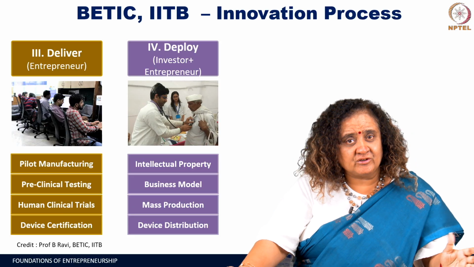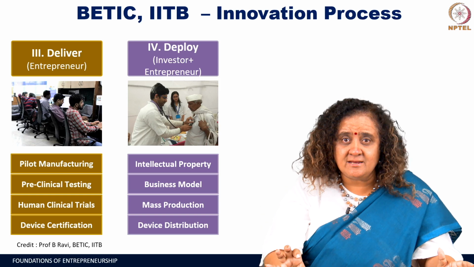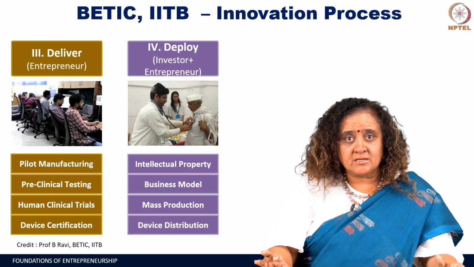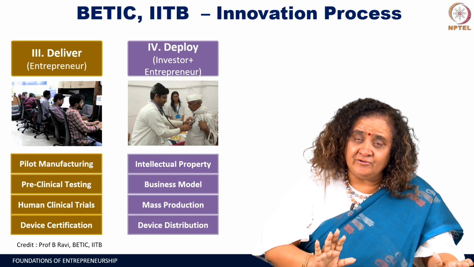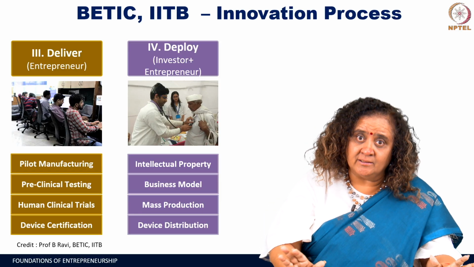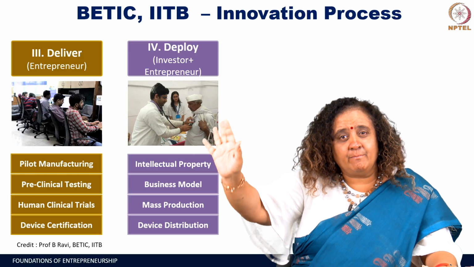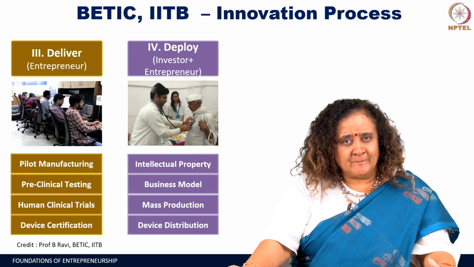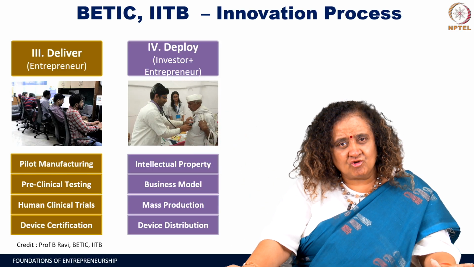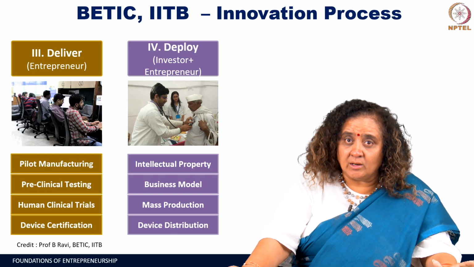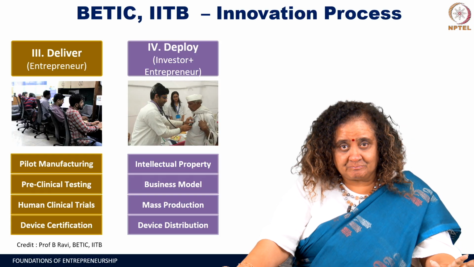So, that is the innovation process. You define the need, you develop the solution or the product, you then deliver it to the market that you had set out to, and you then grow it by deploying it in a manner which ensures that both scale as well as quality are managed well.